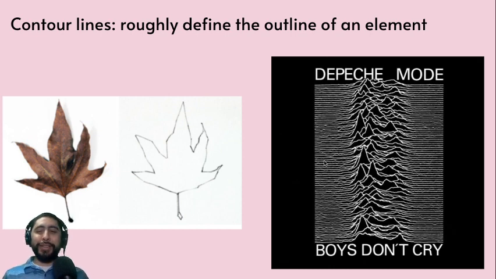Okay, I'll explain. So this is referring to Joy Division's Unknown Pleasures, the graphic. Depeche Mode is not the band that does this, and Boys Don't Cry is a Cure song. It's purposely incorrect. So this is a famous graphic, I guess you could say, for Joy Division's Unknown Pleasures album. And it outlines an EEG, but it looks like mountains.